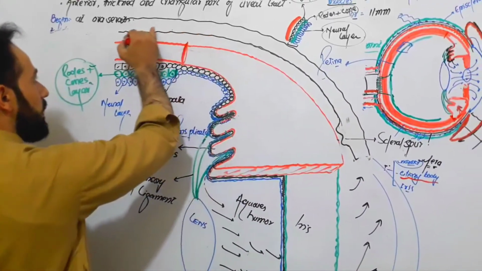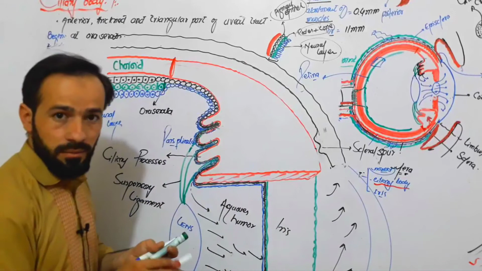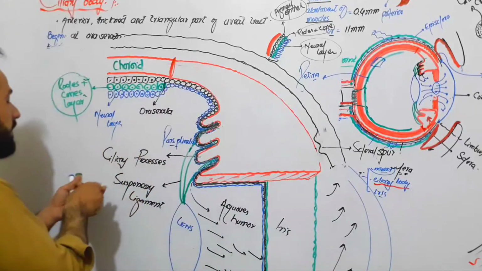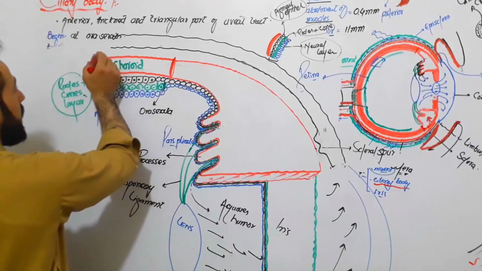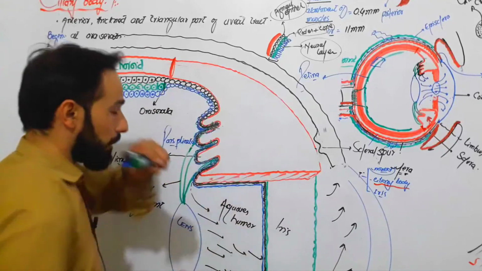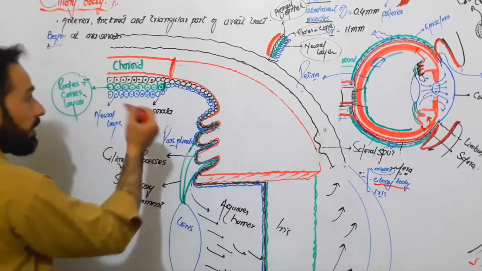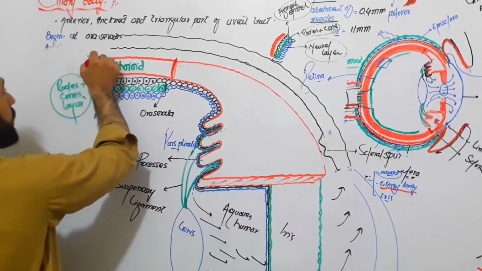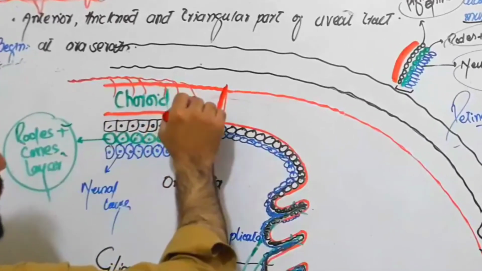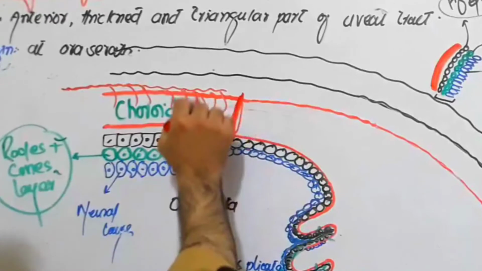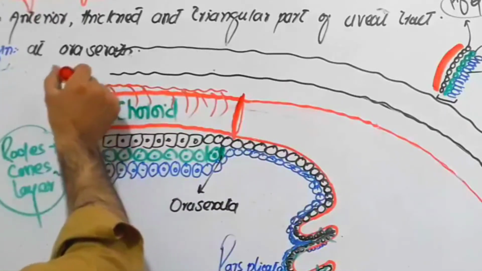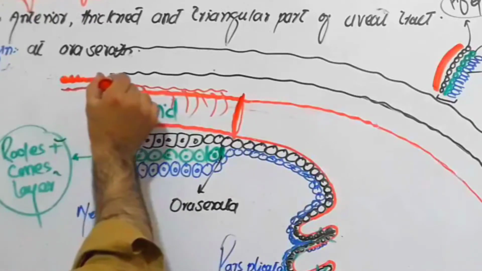Inner to the sclera we have the suprachoroidal lamina, and inside this lamina there are long and short ciliary arteries coming, right? The short ciliary arteries will supply the choroidal layer, and the long ciliary artery, which I will draw a little bit thickened.